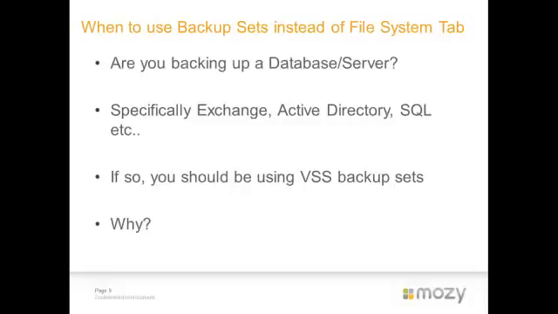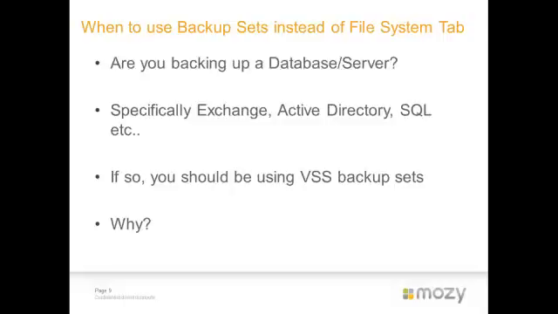The default system writer can't keep up with it, and it'll crash out. However, if you're using the Backup Sets tab, you'll see the VSS specific backup set for Exchange. And this uses, as I said, the Microsoft Exchange writer, which is designed to cope with this constant change. It's built specifically for all this change that happens.